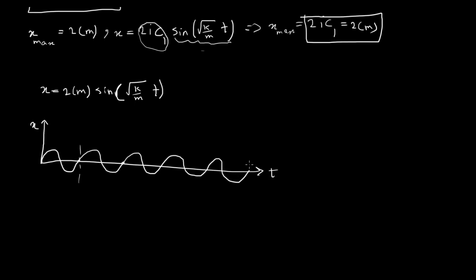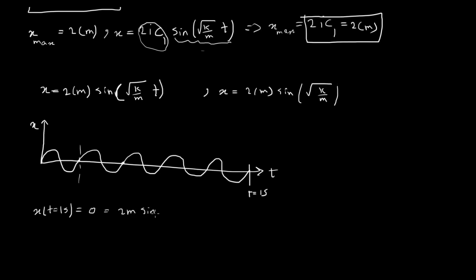And it's telling us that t is equal to 1 second here, and x equals 0 at time equal to 1 second. So x at time equal to 1 second is equal to 0, which is equal to 2 meters sine of square root of k over m times 1. So this is 0, that means sine is 0.